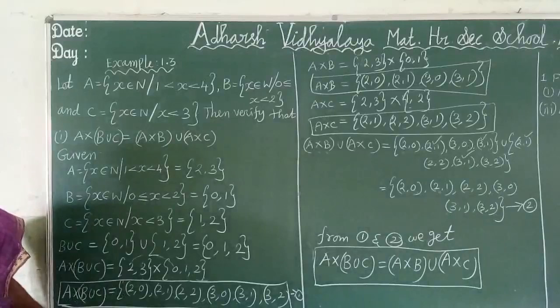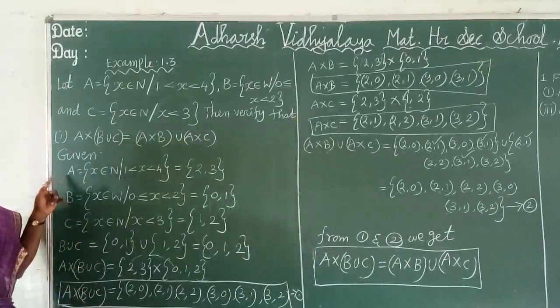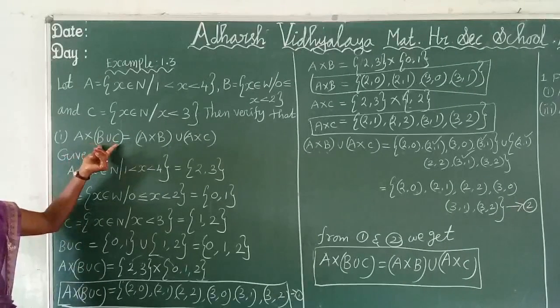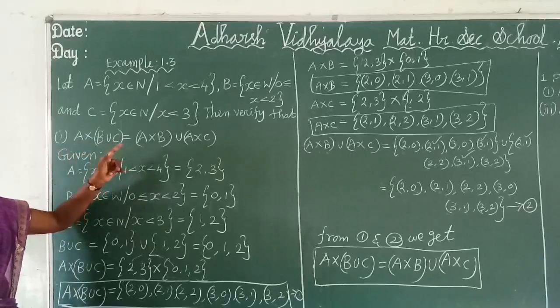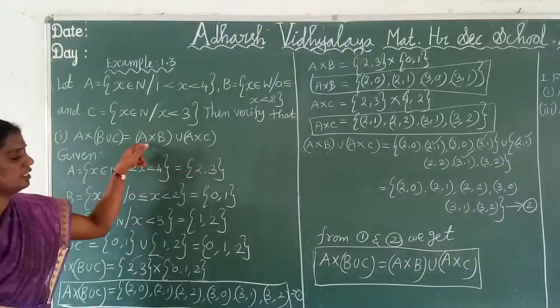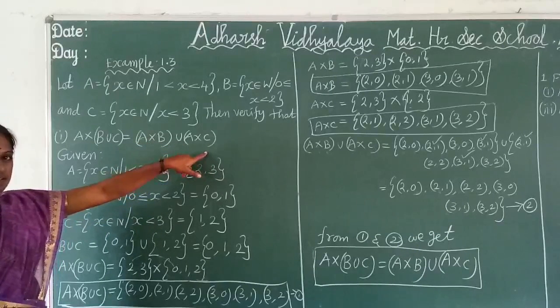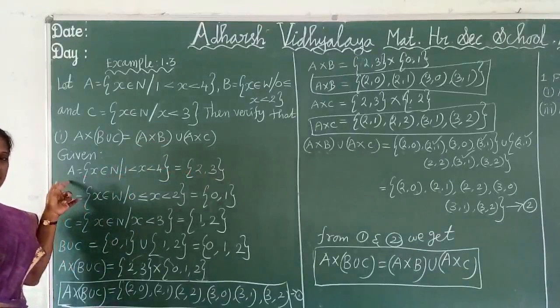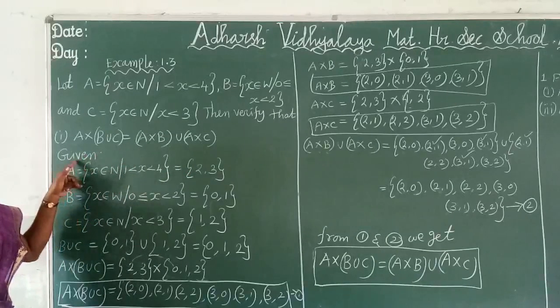Is it clear? Here one more option is there. The same method: first you complete the bracket, and then LHS, then RHS, the 2 brackets, and then complete the RHS fully, and verify LHS and RHS. So second option, homework.